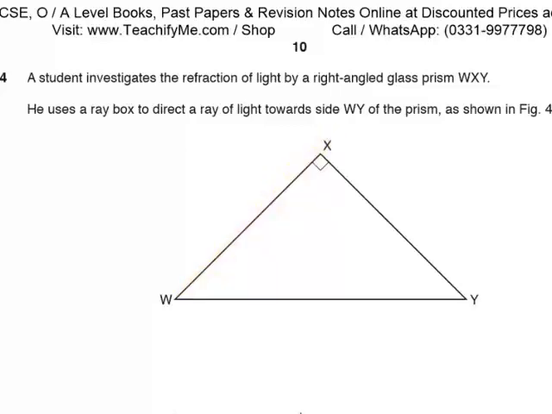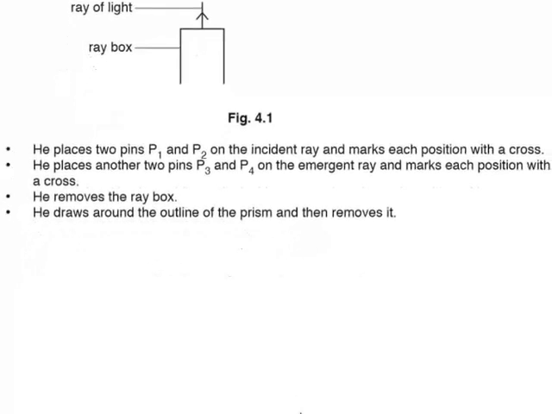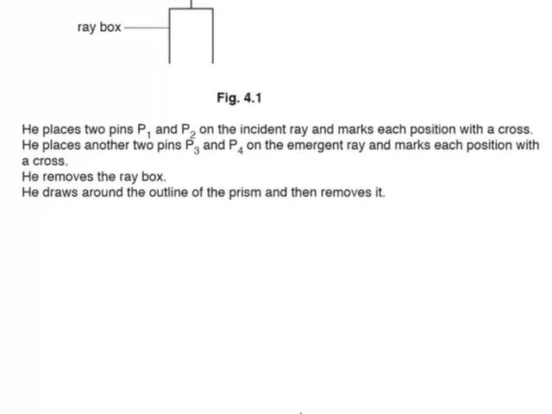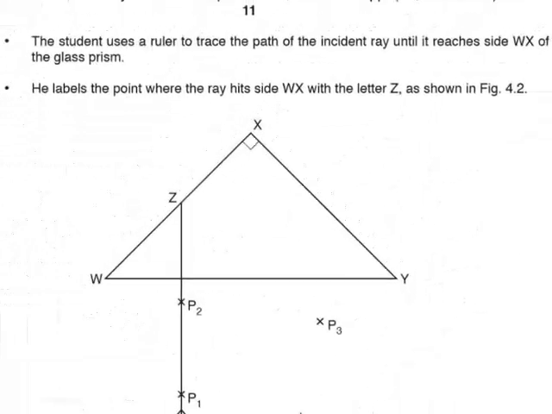And now the ray box will be here. He placed two pins P1 and P2 to mark the incident ray, each position with a cross. He placed another two pins P3 and P4 to mark the emergent ray, each position with a cross. He removed the prism, drew the outline, and removed it. Now the student uses a ruler to trace and label the sides X and Z and so on.